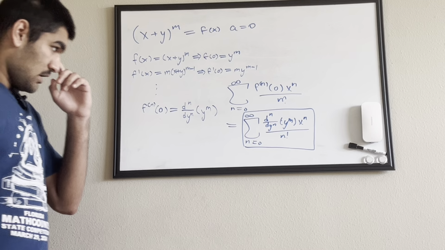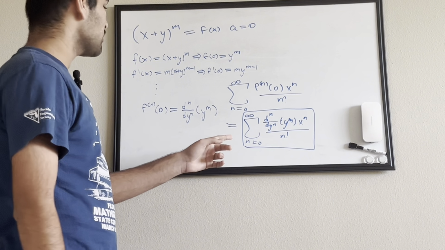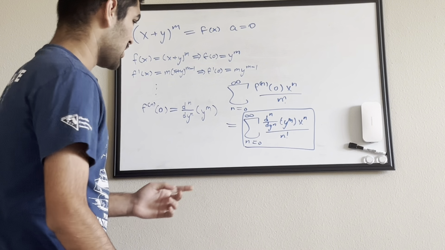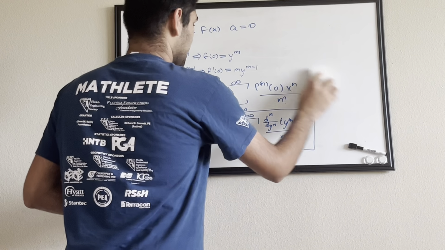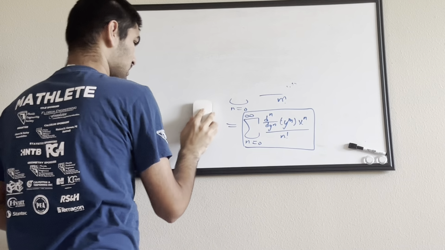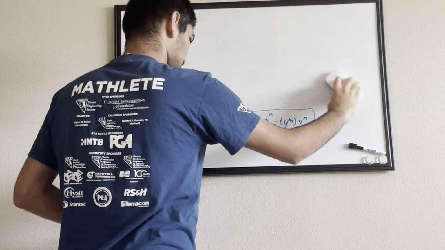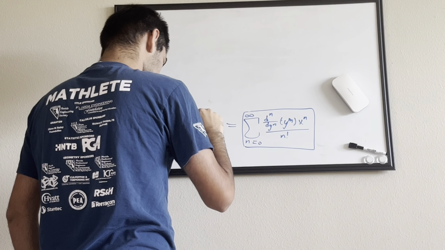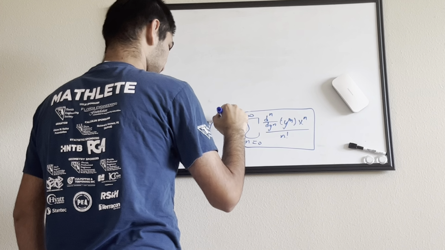Okay, and to show you how this is really the same thing as the binomial series, let's ask: what is the binomial series? First, let me denote that this is the same thing as x plus y to the m, right?